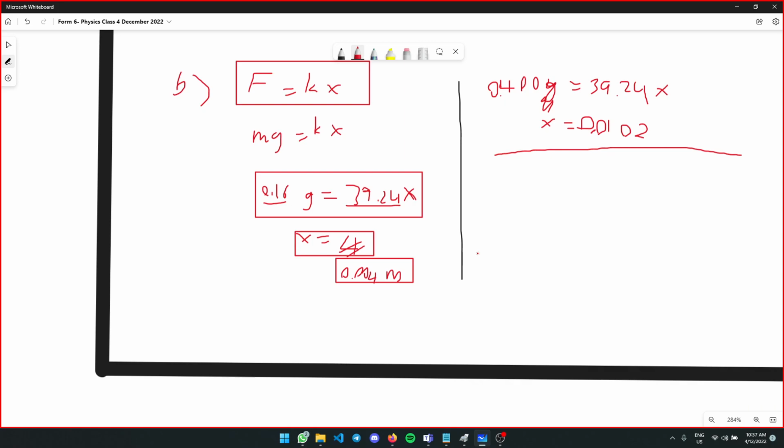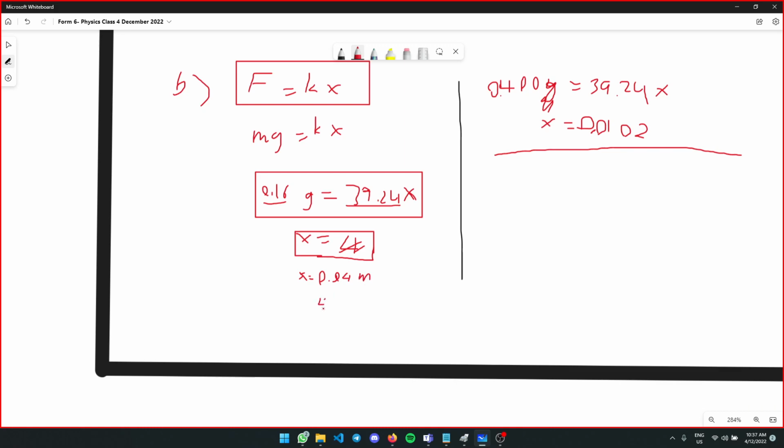Yeah, correct. You should get x equals to 0.04 meters.